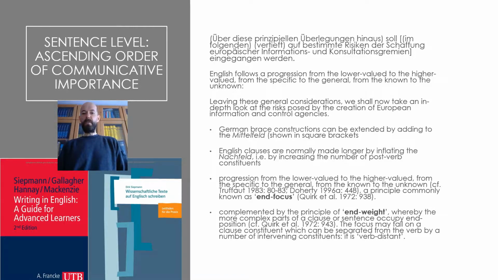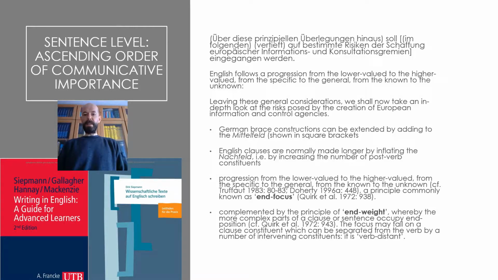So, in other words, English is a language in which the default position of focus is situated towards the end of the clause, and this principle is commonly known as end focus. It was first defined by Quirk and others in 1972.